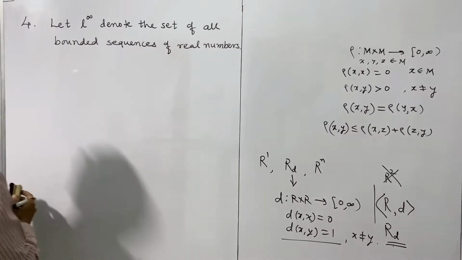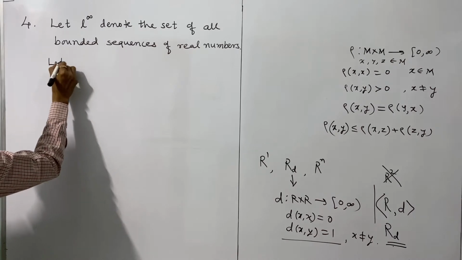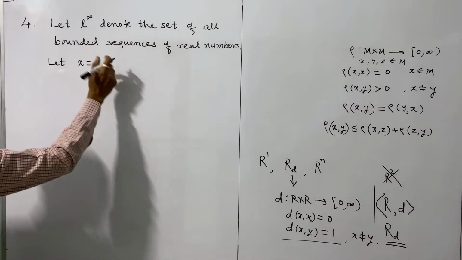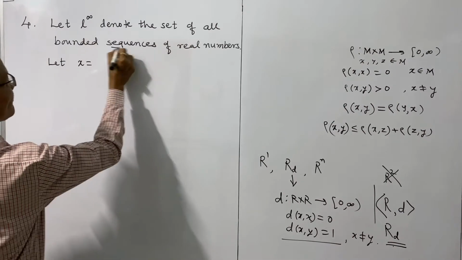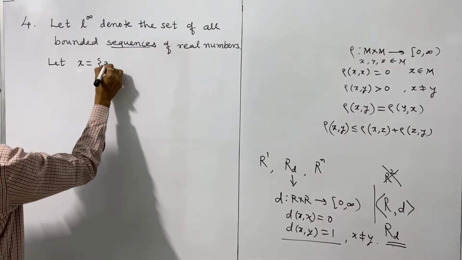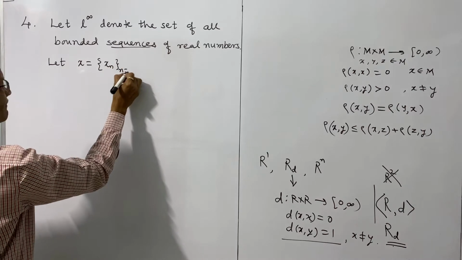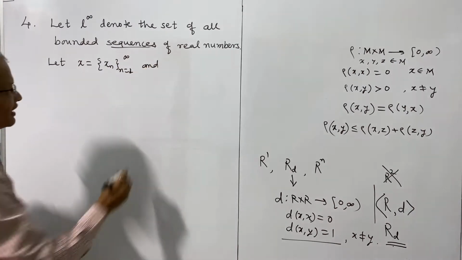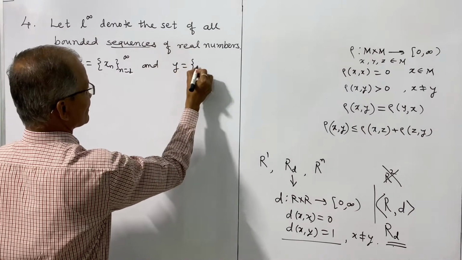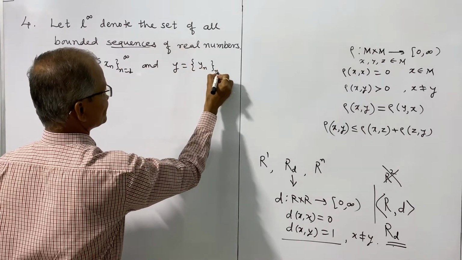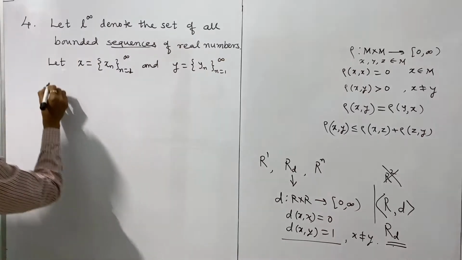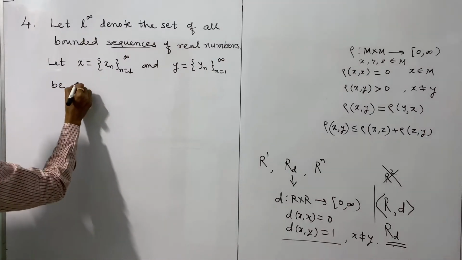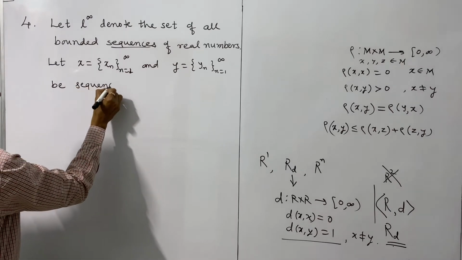And let x, now here we have considered the point as a sequence. It is a set of sequences. So x we will denote the sequence x_n, where n takes values 1 to infinity, and y the sequence y_n.